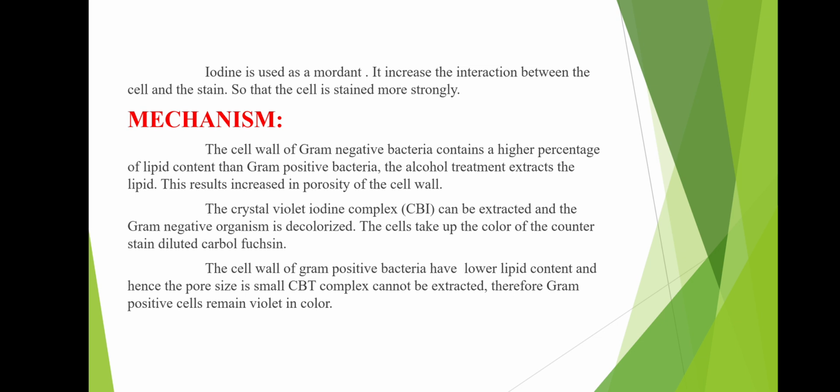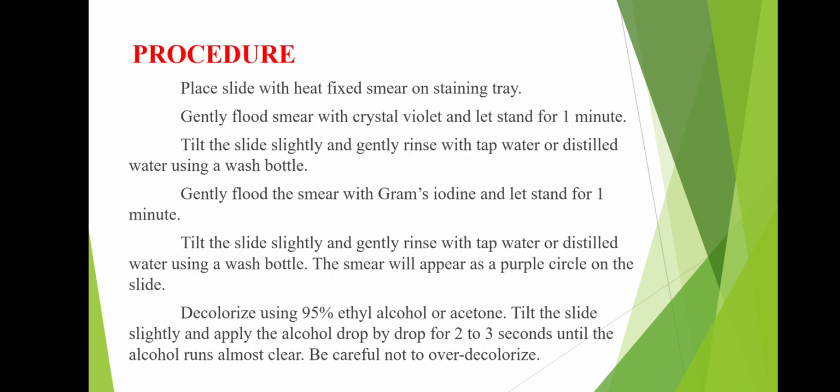The cells take up the color of the counterstain, diluted carbol fuchsin. The cell wall of Gram positive bacteria has lower lipid content and hence the pore size is small. The crystal violet iodine complex cannot be extracted. Therefore, Gram positive cells remain violet in color.